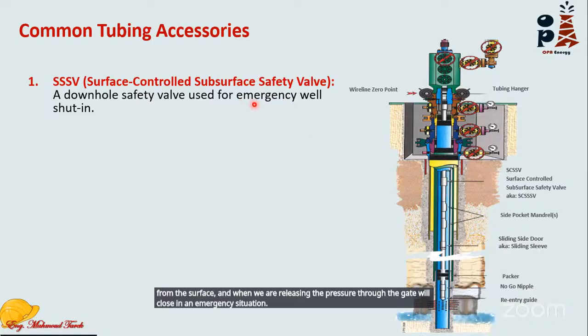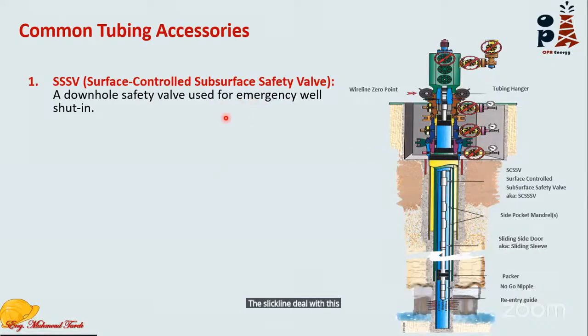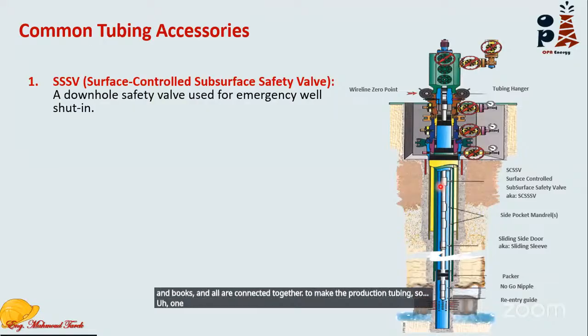The Slickline deals with these tubing accessories. Tubing accessories are a part of the tubing, with pin and box connections, all connected together to make the production tubing. One of those accessories is the subsurface safety valve.